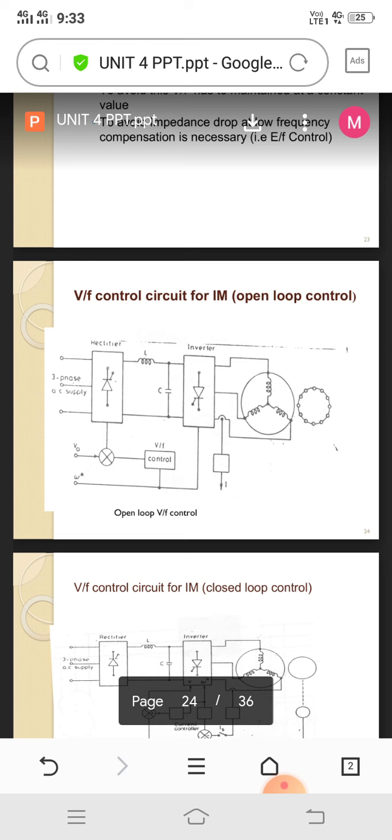That star connection can be adapted by a mathematical condition, which is converted to the delta connection. After the delta connection, a proper three-phase AC supply is produced according to the controlling and flowing manner. Finally, the induction motor runs smoothly and produces a controlled speed as well as voltage in the smooth frequency method.